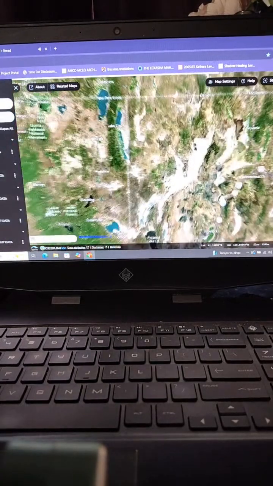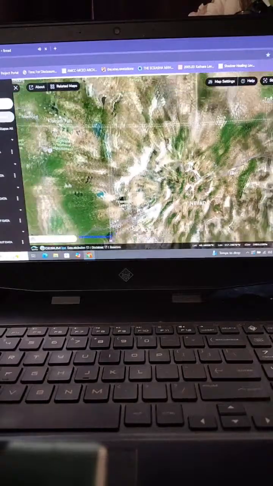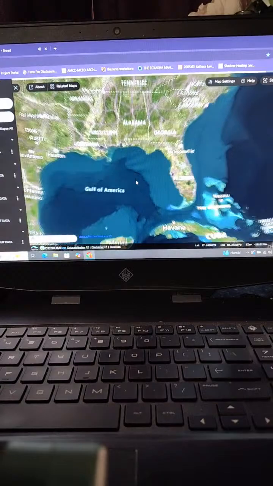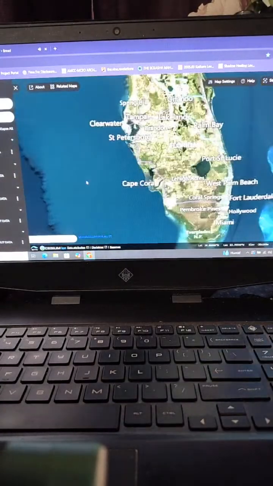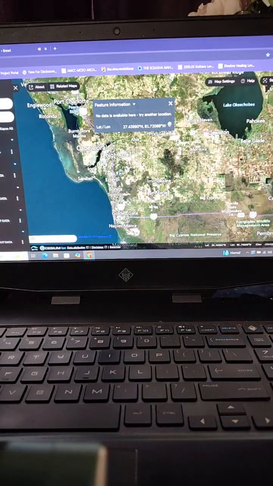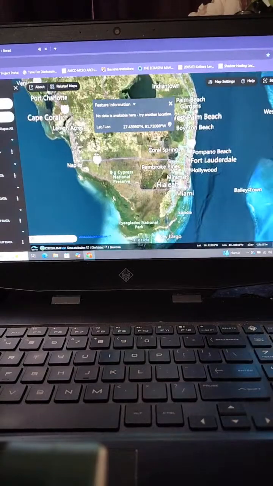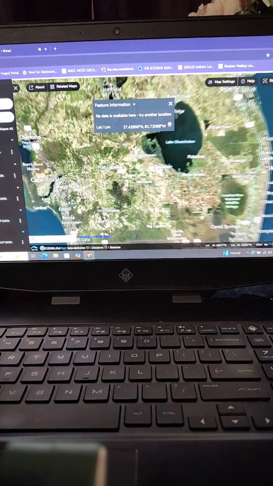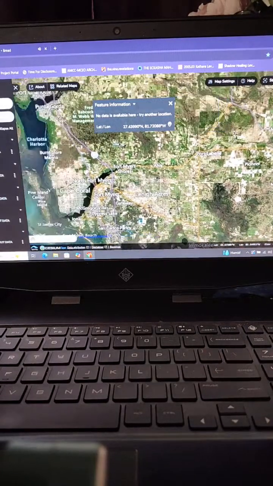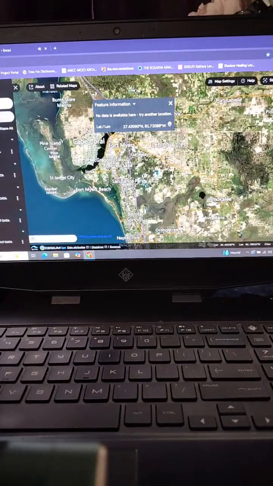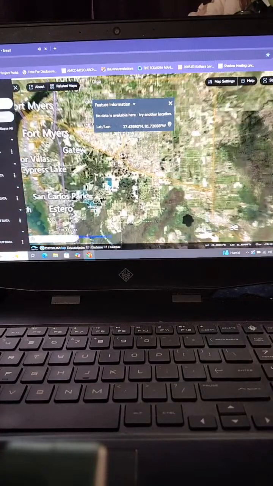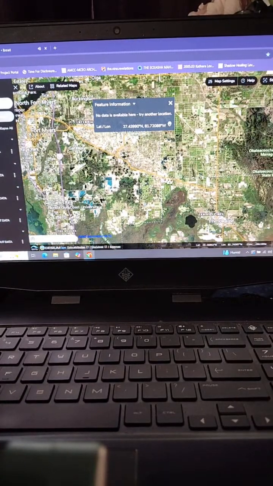Pretty cool. And I'll show you where, right over here is where Mayaca State Park is, where the Stargate is in Florida. It says Gateway right there.